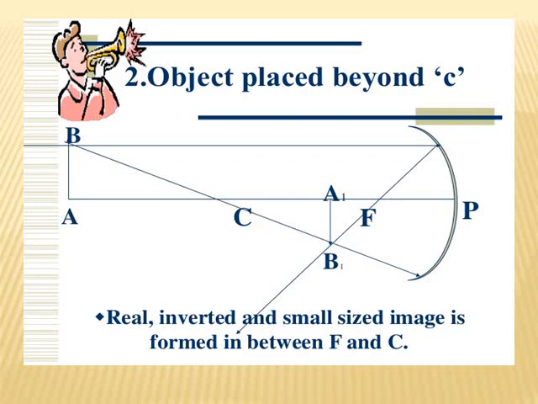They intersect at a point A dash B dash, or A1 B1. So A1 B1 is the image formed for this object which is at this height. So the image formed is real because it is formed on the left side, inverted and smaller than the object. Okay.